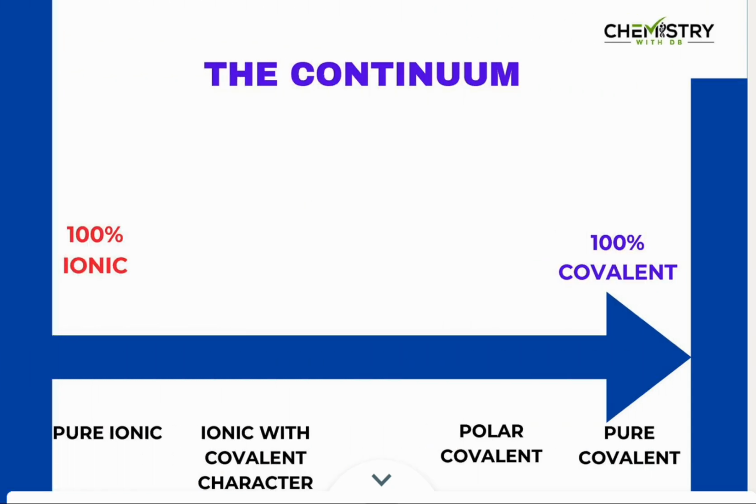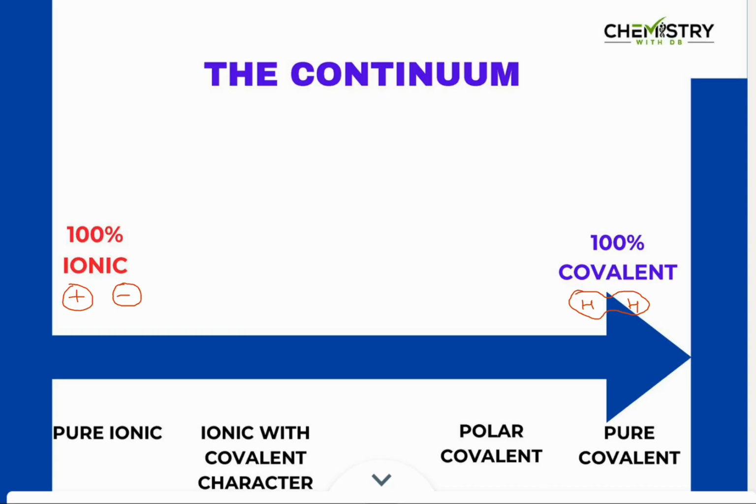So now I hope you are able to understand that this is the continuum we are talking about. That on this end we have 100% ionic when the two ions are perfect spheres. On the other hand, 100% covalent is when the two atoms are completely sharing the electrons. Like, for example, hydrogen, hydrogen, or oxygen, oxygen.